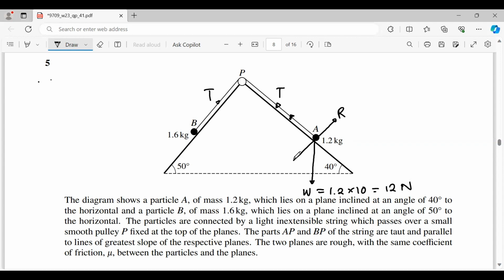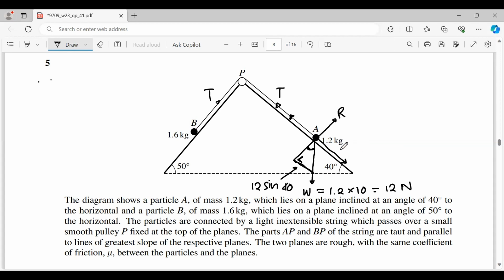Then I create a triangle with angle 40 here, so this side is 12 sine 40.